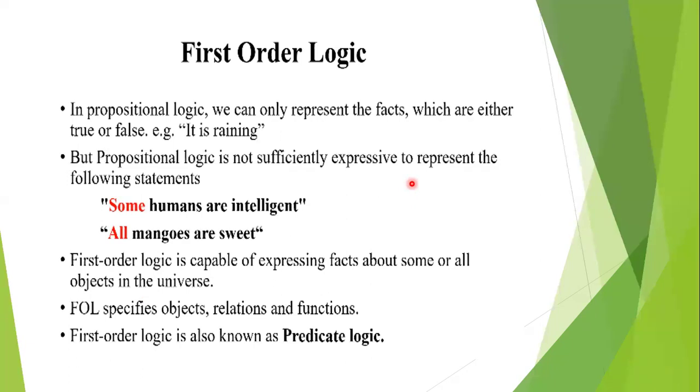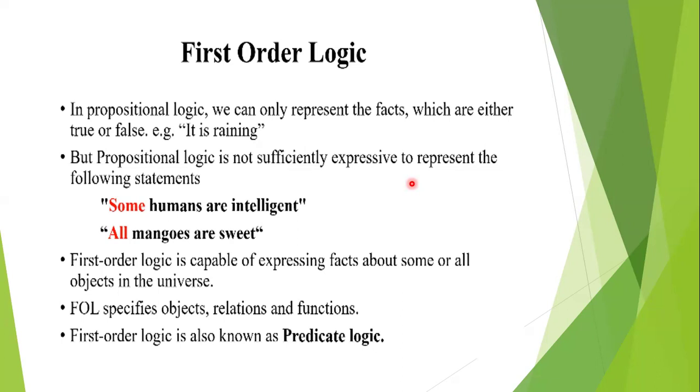In the previous topic we saw propositional logic, which works only for true or false. But first order logic comes into the picture when we deal with quantifiers like few, some, all. Such sentences cannot be answered with yes or no, so for that kind of sentence we go for first order logic.